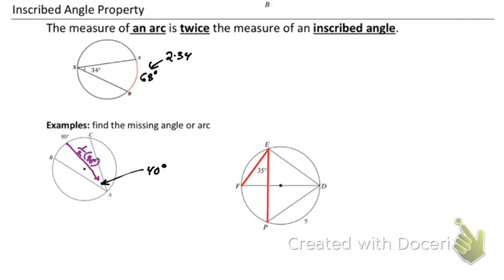Inscribed angles can be hidden. It is 2 chords. All 3 points are on the circle, so it is in fact an inscribed angle. So since that's an inscribed angle, we could then say that the measure from E to F is 70 degrees. It is twice that 35 degrees.